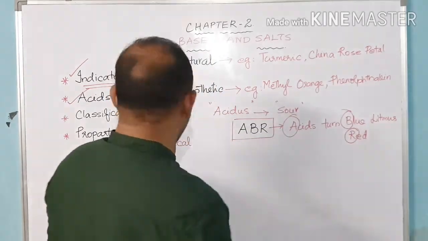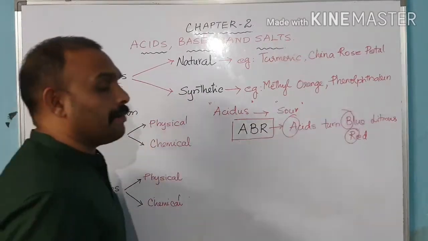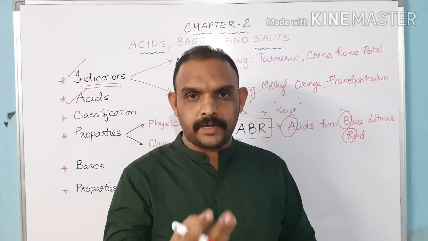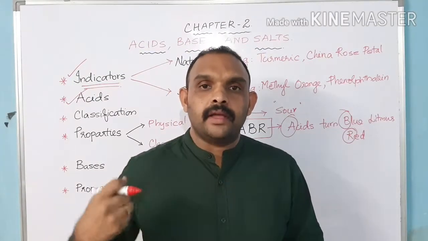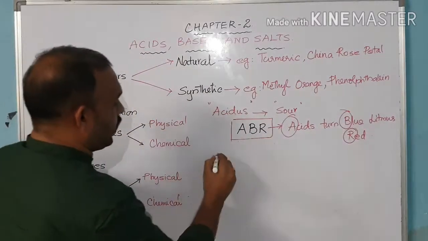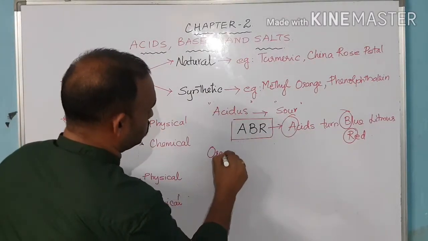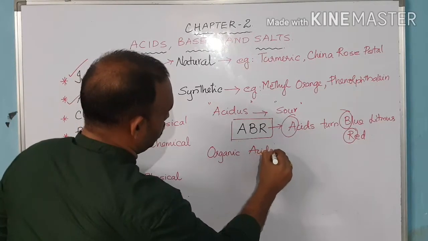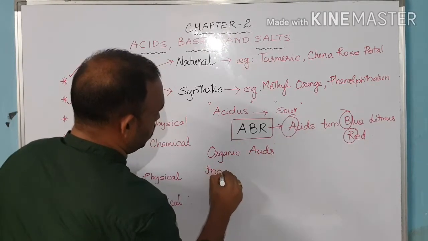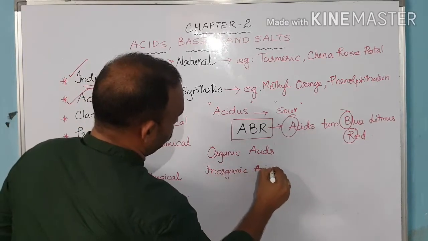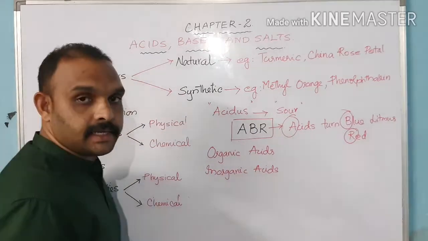Now, acids are mainly classified into two kinds, depending upon its availability or from where it is derived. They are organic acids and inorganic acids. What is meant by an organic acid?